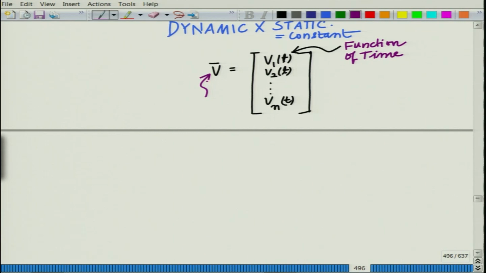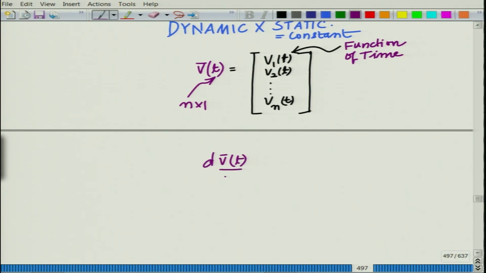This is an n cross 1 vector. You can write it as v bar t, but sometimes you can drop this t just for convenience. This is an n cross 1 vector.